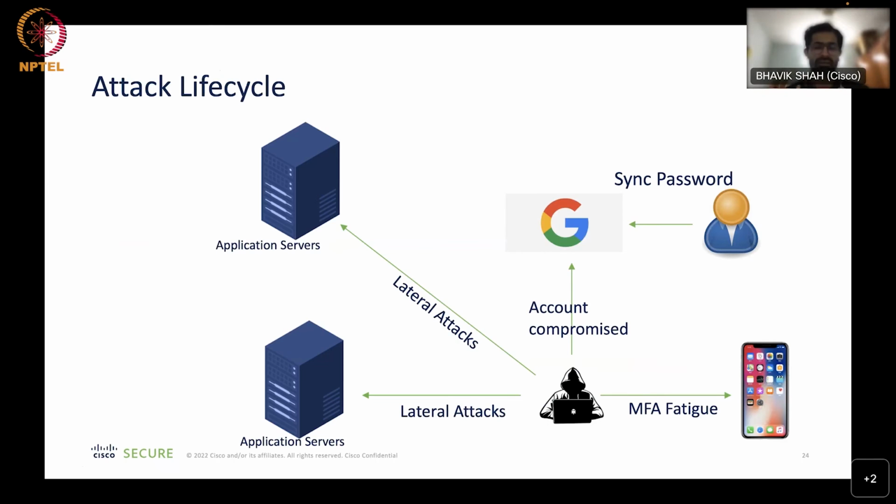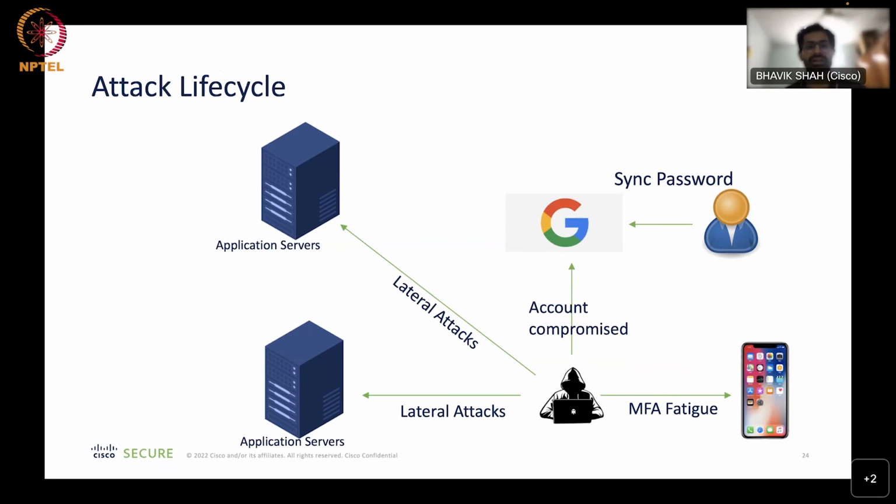Because he had VPN access. I'm sure you know about VPN: you connect to VPN and you can access private resources. In this case, he got access to that VPN because he had the credentials, and the MFA authorization was also successful.